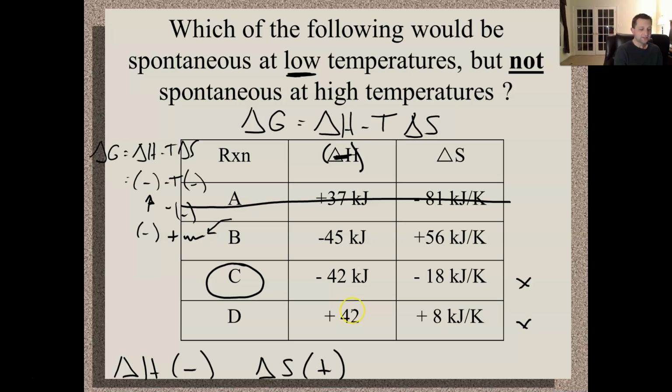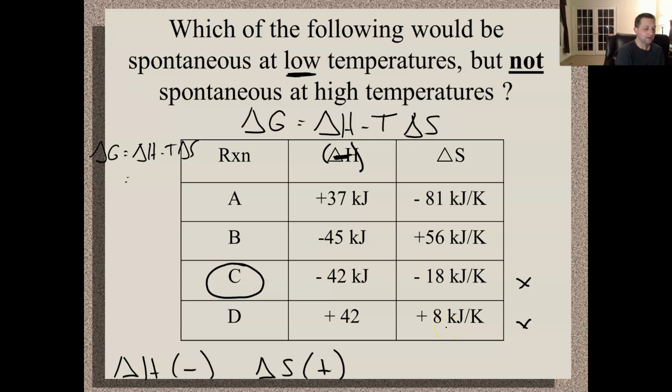If you look at letter D, it gives you a positive delta H value, which we don't want, but we have a positive delta S value for letter D. So that's okay, right? So let's see what would need to happen here. So delta H is positive 42, that's fine, minus T, and then delta S is a positive value.